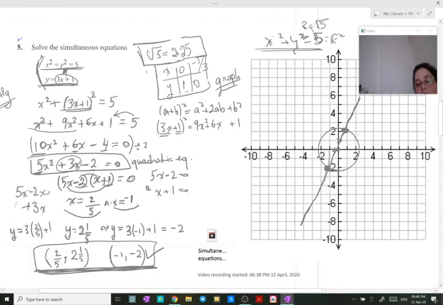And if you look at 2 over 5, which is somewhere here, with 2 1 over 5 somewhere here, so this is the second solution. So we have actually solved these two simultaneous equations in both methods, the algebraic method using algebra and the graphical method using the graph.